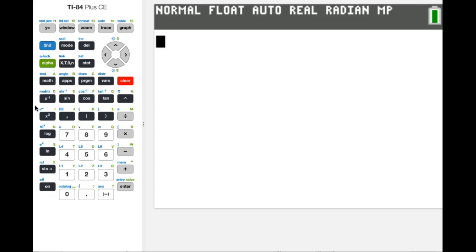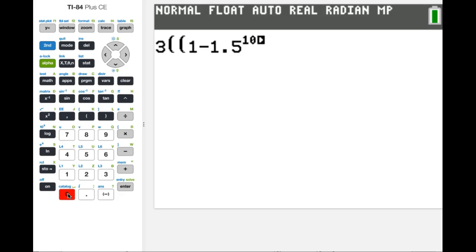So we know that our formula is 3 times, so I'm going to do parentheses. But now I have to make sure that I have my numerator and denominator separate, so I have to hit parentheses again, because the first one is for the whole group, the second one is for the numerator. So I do 1 minus 1.5 to the 10th power.